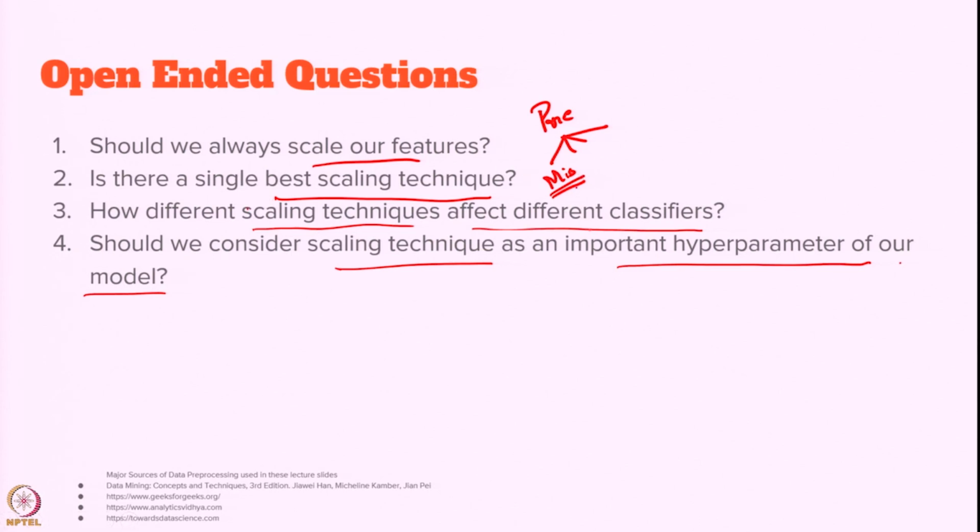How are different techniques used and how do they affect different classifiers, and how does this matter as a hyperparameter for doing the classification? Similarly, you can map to all the concepts which we learned, including encoding, outlier detection and all those things, and you can try to understand how best we can find a solution for a given problem.